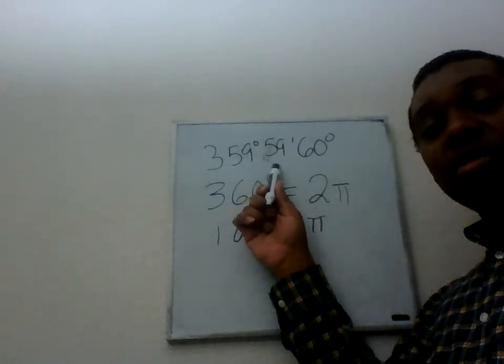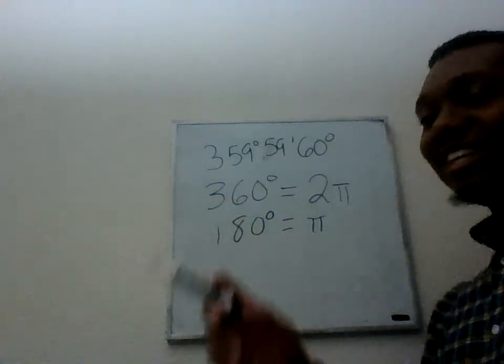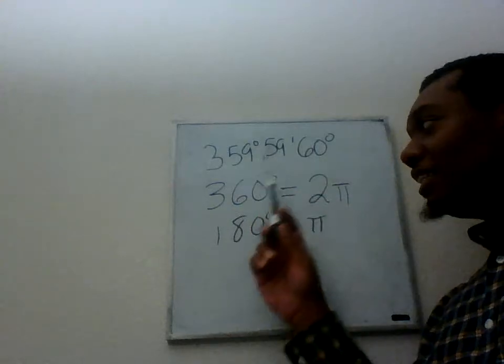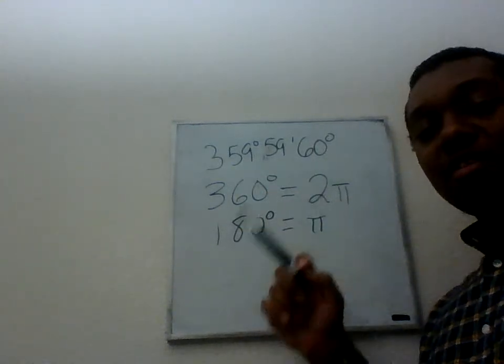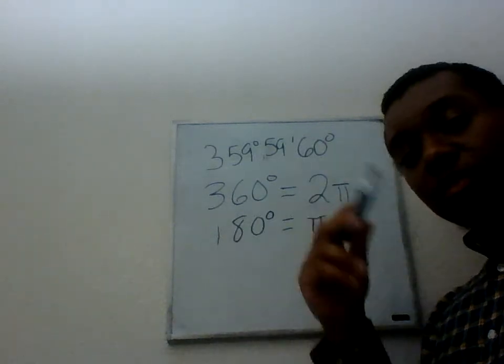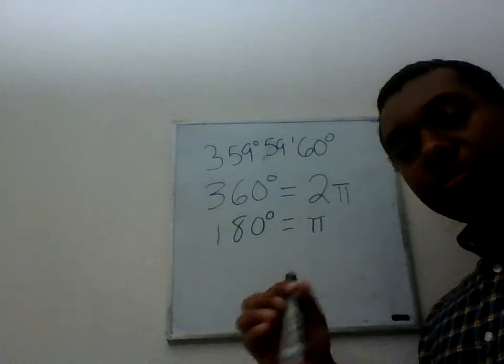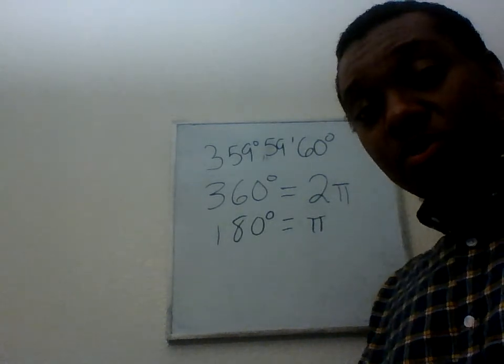We add that here. This would be 60 minutes, which would make this 360 degrees, which is here. So degrees, minutes, seconds. We have our decimal degrees, and we have our radians. And there is a relationship between all of these based off of that one complete rotation around. So that is measurements of angles, and I will see you soon for converting them.